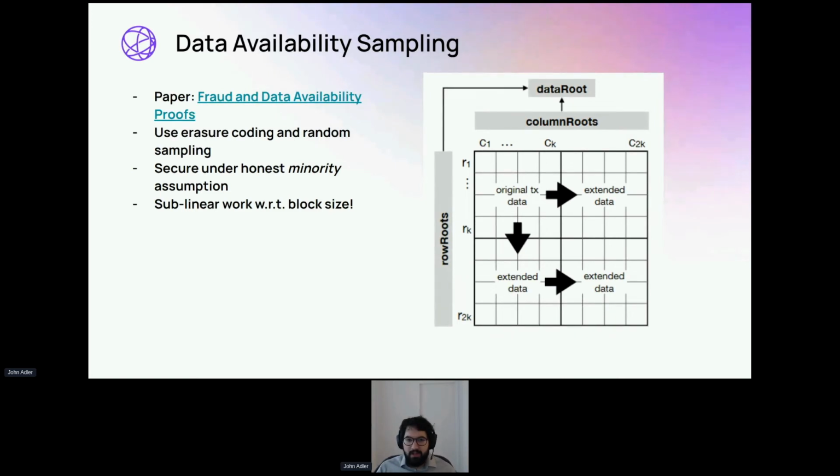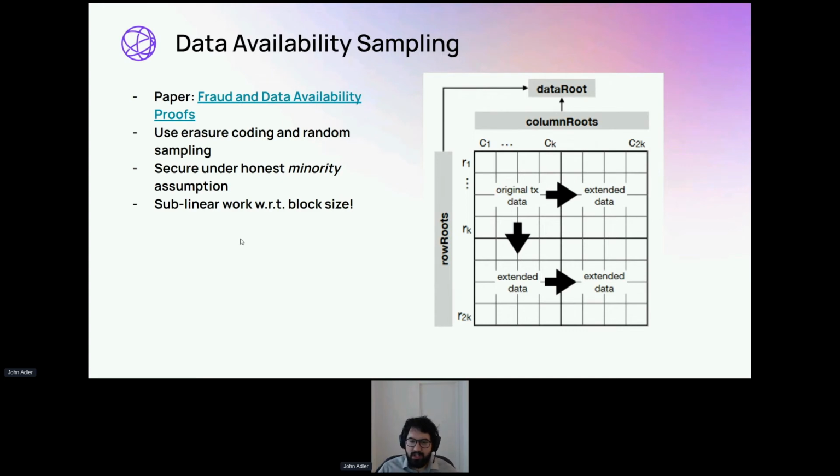And random sampling essentially allows you to, instead of trying to download the whole block, download specific chunks of the block, and then you use this erasure coding to try and error correct or to try and reconstruct the entire block. So it transforms a problem of having to download an entire block to having to randomly sample some constant number of shares, or little pieces here in the square.